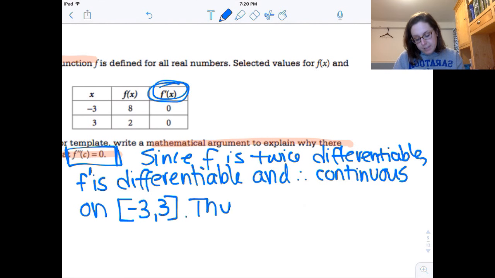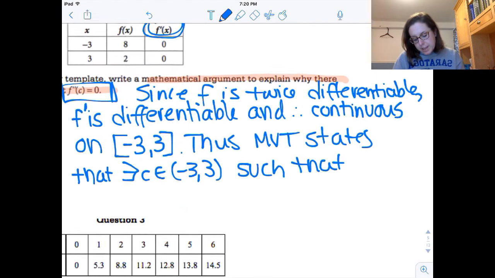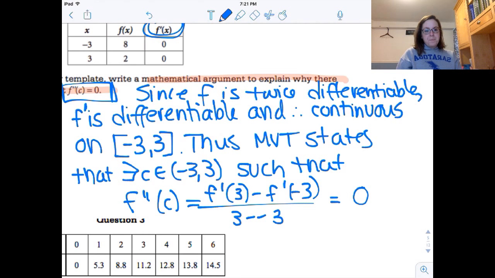Thus, MVT states that there exists a c on negative 3 to 3 such that f double prime of c should equal f prime of 3 minus f prime of negative 3 over 3 minus negative 3, which is 0. Done.